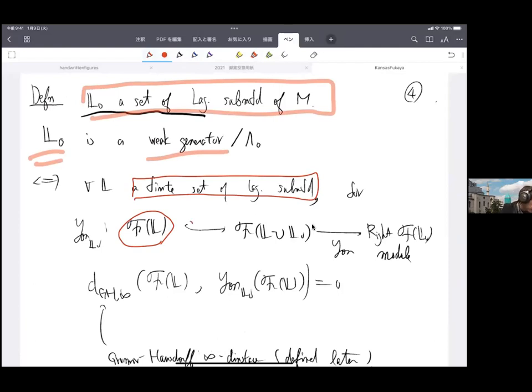So we can naturally embed, just put an extra L0, and then we take this Yoneda embedding, but we only consider this L0. So this gives the right L cap L0 module, but of course L0 is a subset. So we have this right L0 module. So this I want to call Yoneda L0. So you have any L, then you have this Yoneda embedding to the category of right L0 modules.